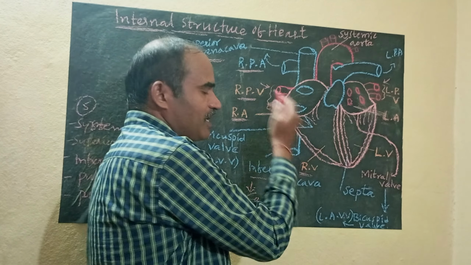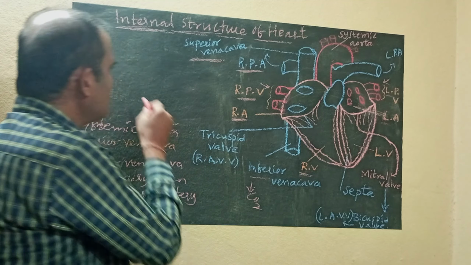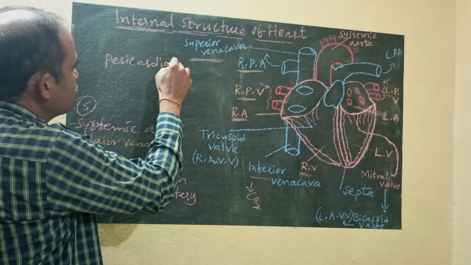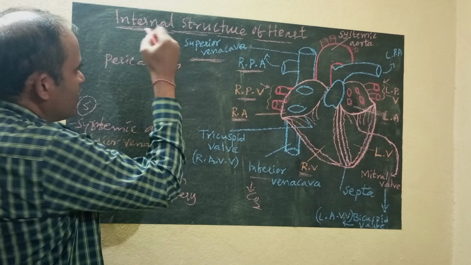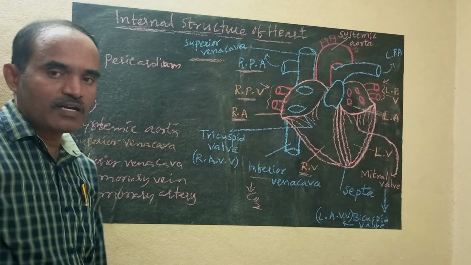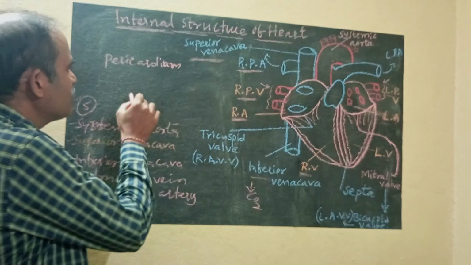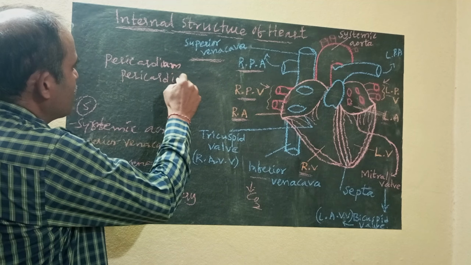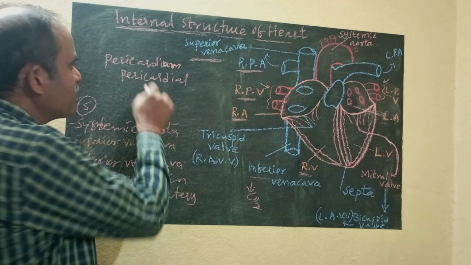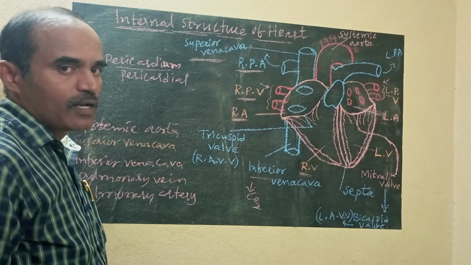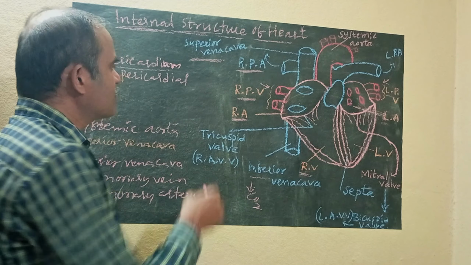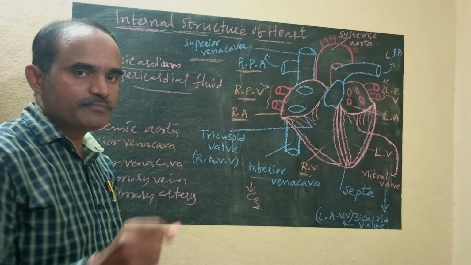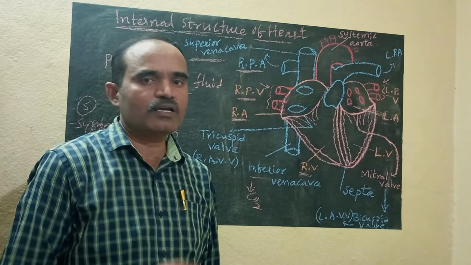Heart is covered by two membranes, called pericardium. The two membranes are filled with pericardial fluid, which protects the heart from mechanical injury.